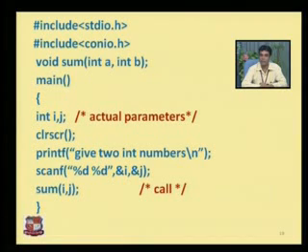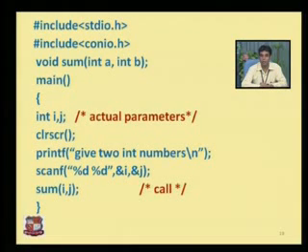So in the scanf, %d is for integer, then &i and &j, we are inserting any two values onto the console. Then we are calling the function, that is sum(i, j).